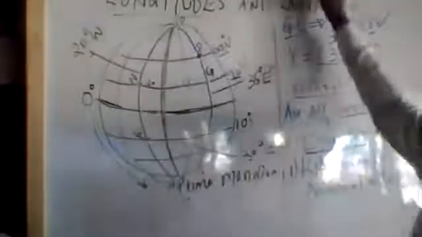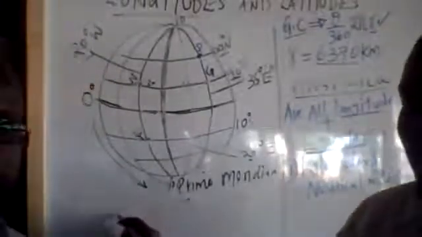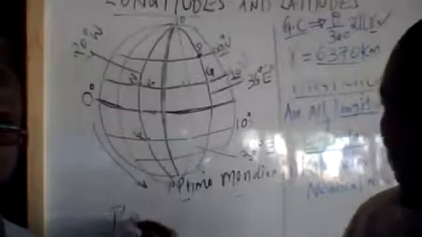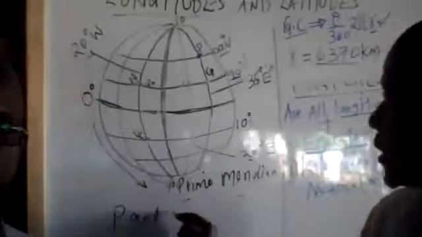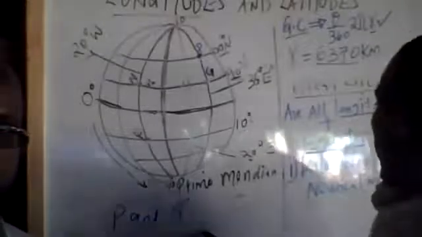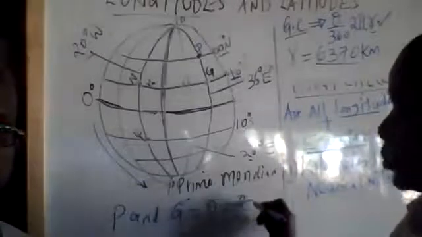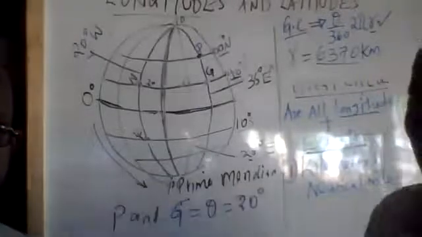Therefore, we are talking about distance now. Let us use this particular point here. We want to calculate the distance between B and G. The angle difference, which we call theta, is going to be 20 degrees.